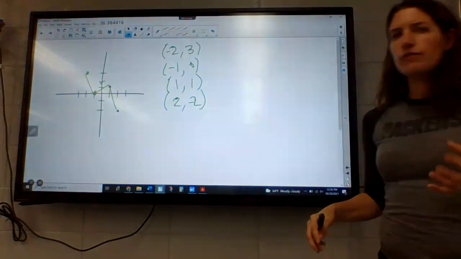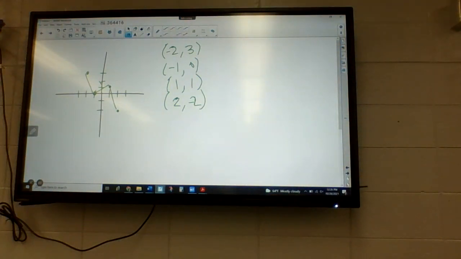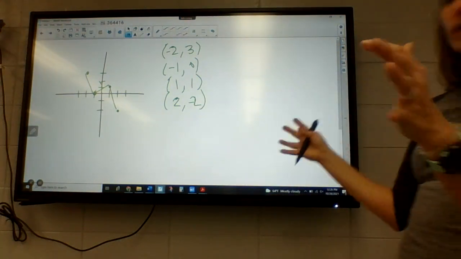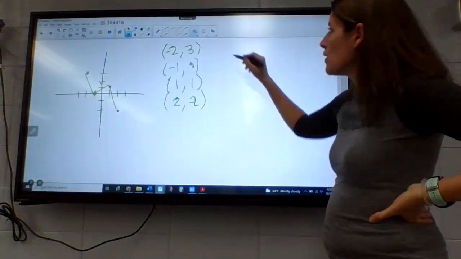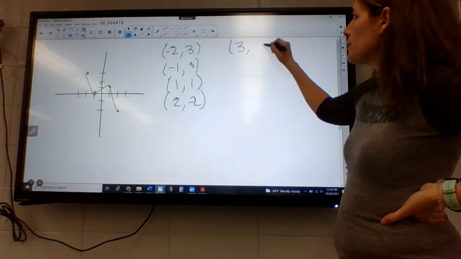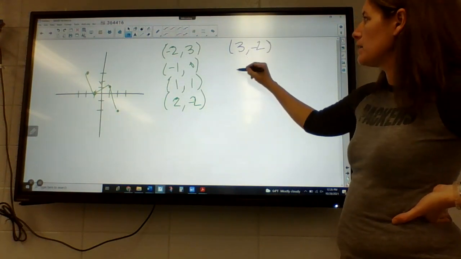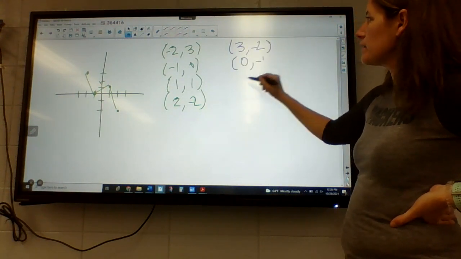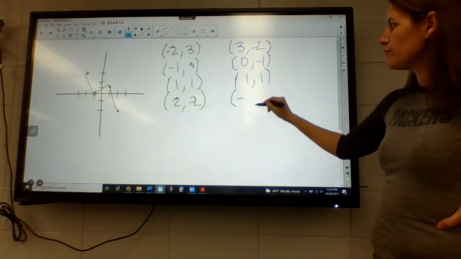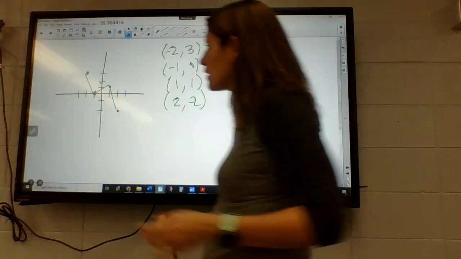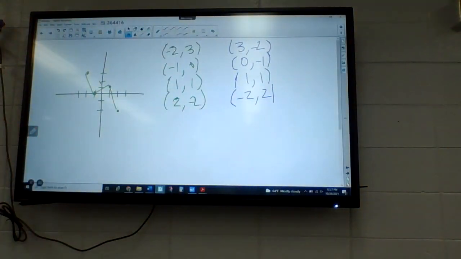If I'm finding the inverse, I'm switching the x and y's. So I'm just flipping where they are. My inverse of this would be 3, -2. You just flip it. 0, -1. This one doesn't flip, it's 1, 1. And then -2, 2. Some graphs look like that's the inverse, that makes sense.